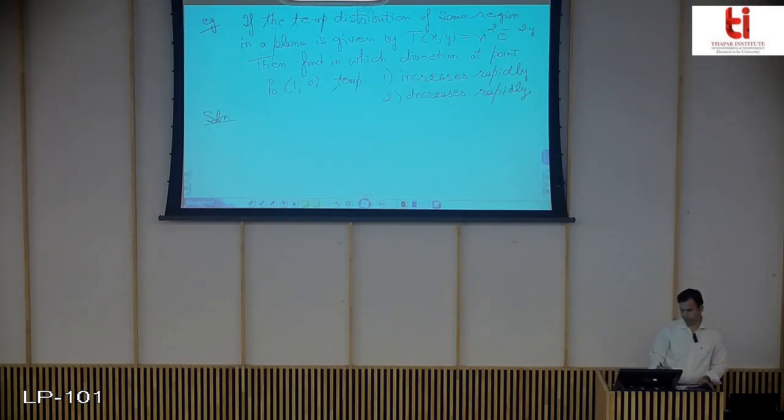So here, in this solution, we have been given some temperature distribution in some part of the region. So you have to find the direction at this point from where the temperature will increase most rapidly.